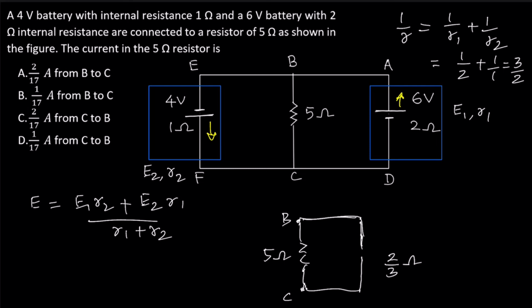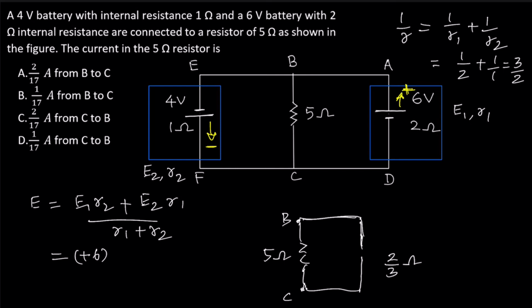Here, the 6 volt battery has its positive terminal facing upwards, so we will consider that to be positive. If that is positive, then this will be negative. So in the formula I'm using plus 6 here.